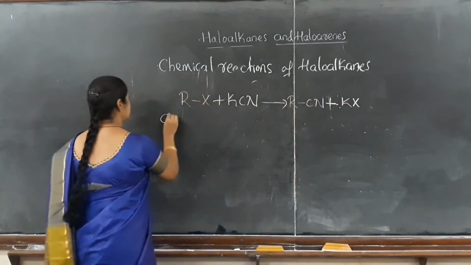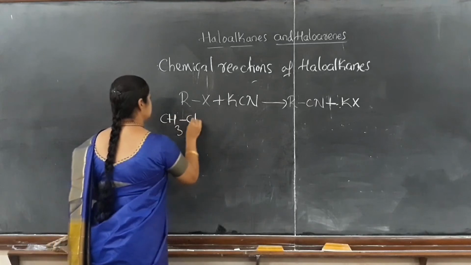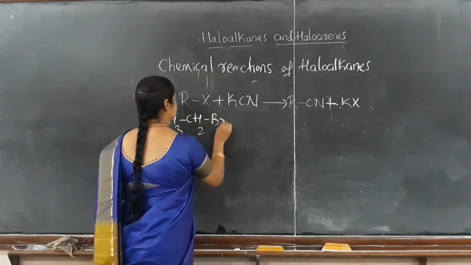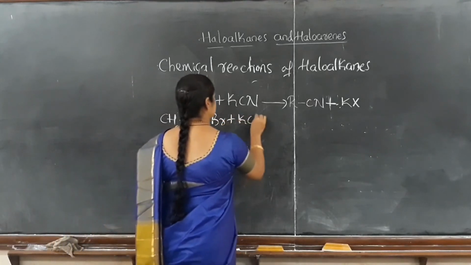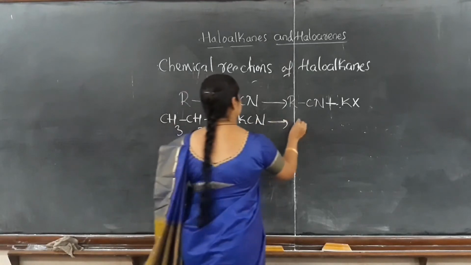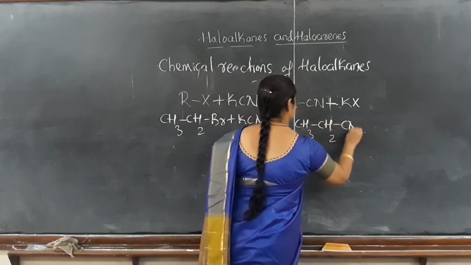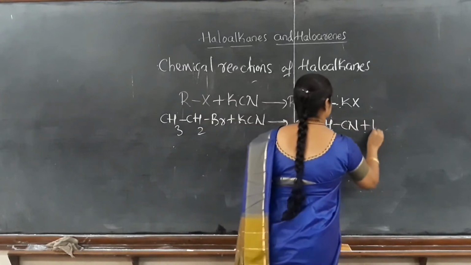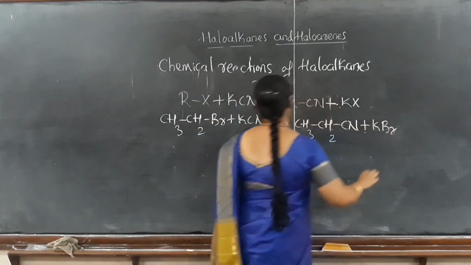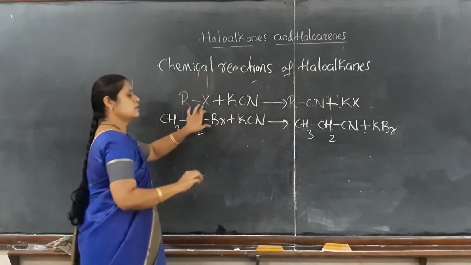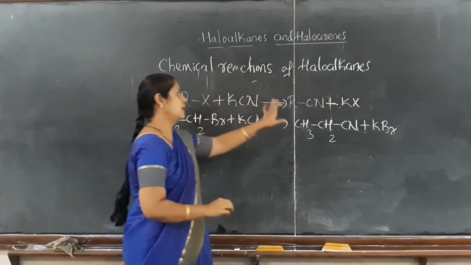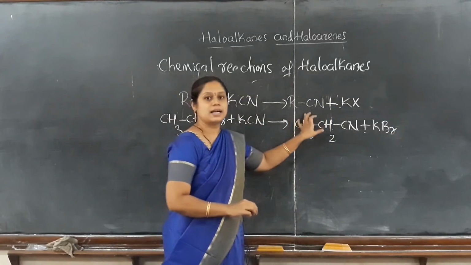Let me take an example: the cyanide substitutes the halogen and we get an alkyl cyanide.